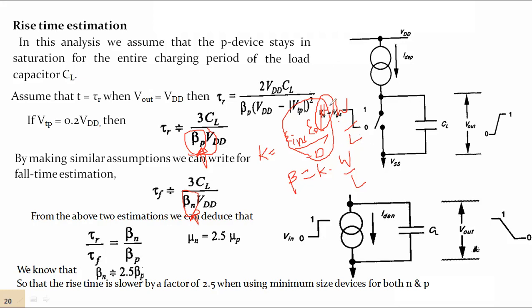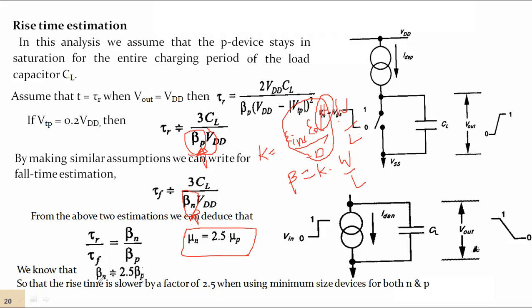Now here we have to consider the one factor mu n. From the derivation, the final result is mu n equal to 2.5 times mu p, the mobility of charge carriers. For that reason beta n is approximately 2 times beta p.